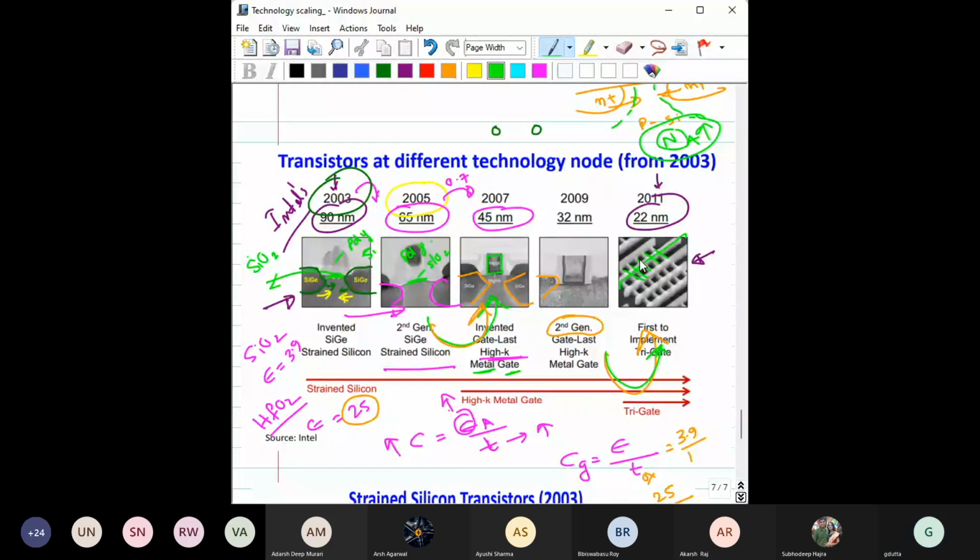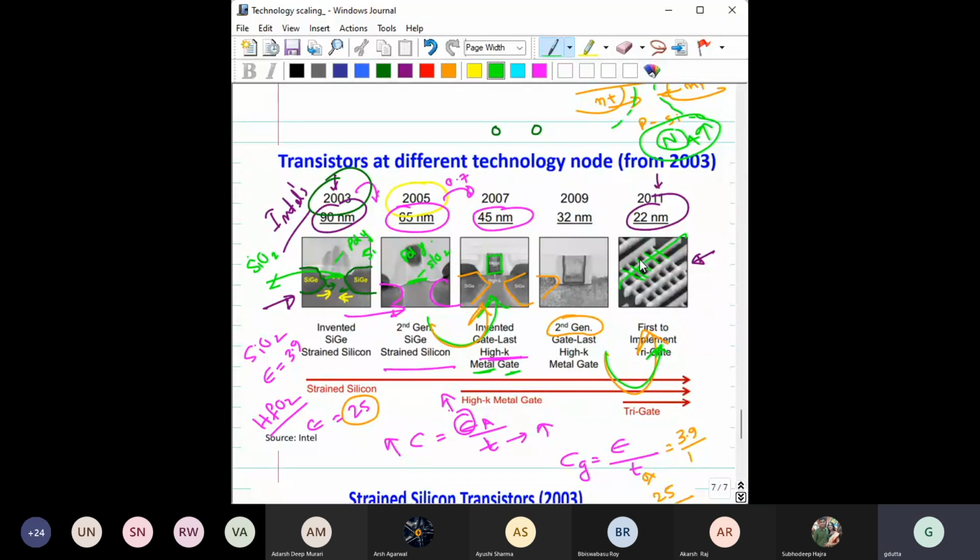Then even for the 5 nanometer technology node, people found that this type of fin structure is also not sufficient. Then what do they have to do? They have to use this nanostructure. Means you have this type of silicon rods, and gate everywhere. You are getting my point? Suppose this is the silicon rod, and then you have the gate like that all around.